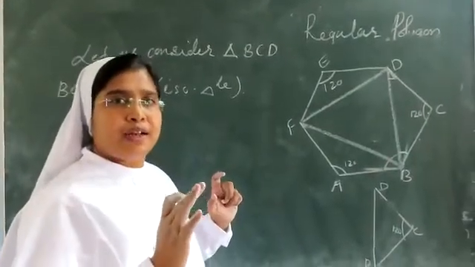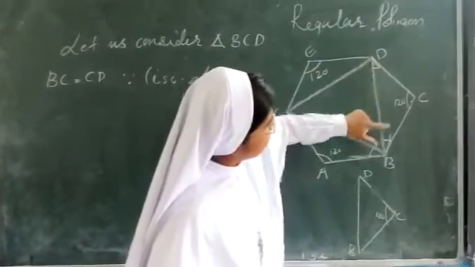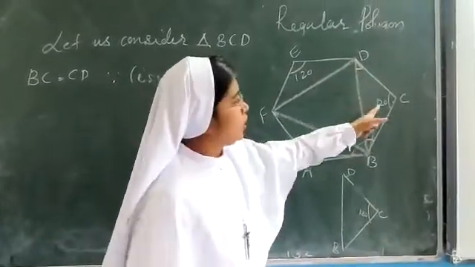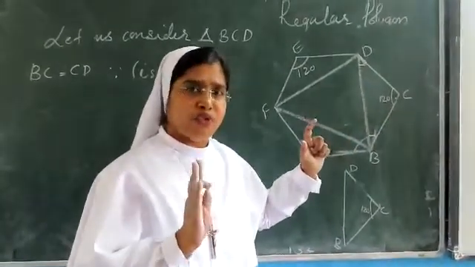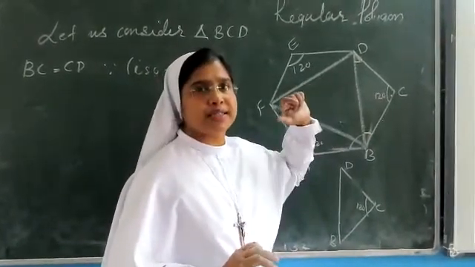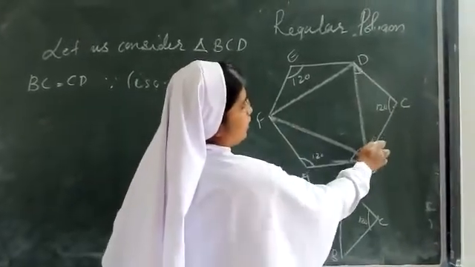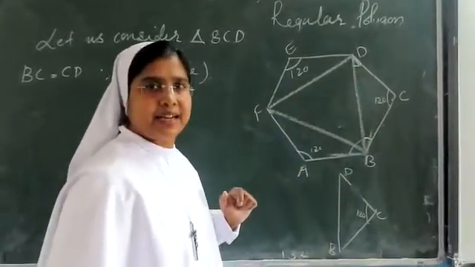Now, the base angles will be equal. So this angle and this angle will be equal. Total, what is the angle? 180. Here we have already 120. Now, what is the balance? 60. So then what will be here? It will be 30 each, right?